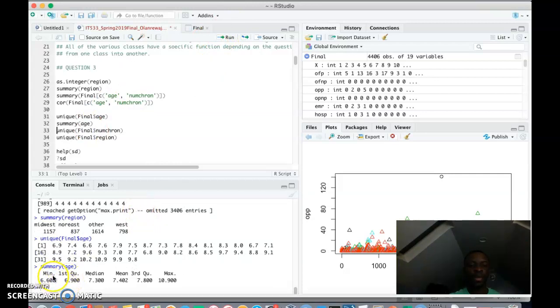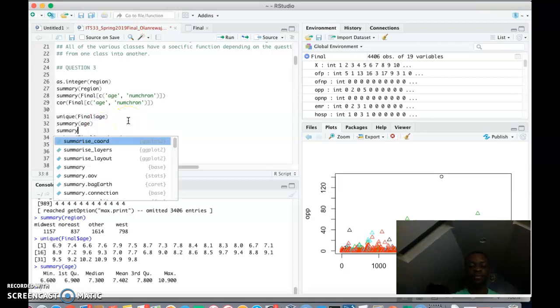Right here, I have the minimum value as 6.500, the first quarter at 6.900, the median at 7.300, the mean at 7.402, the third quarter at 7.800, and the maximum value is 10.900.